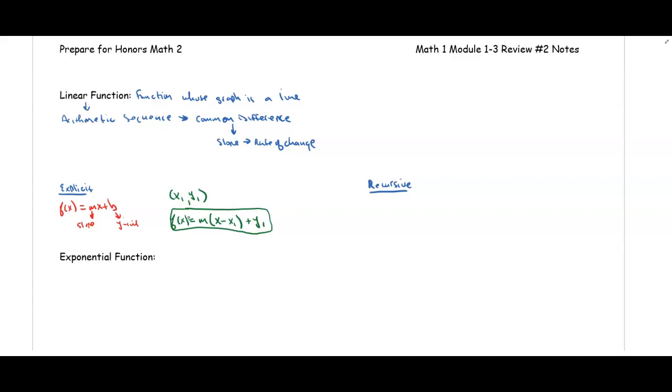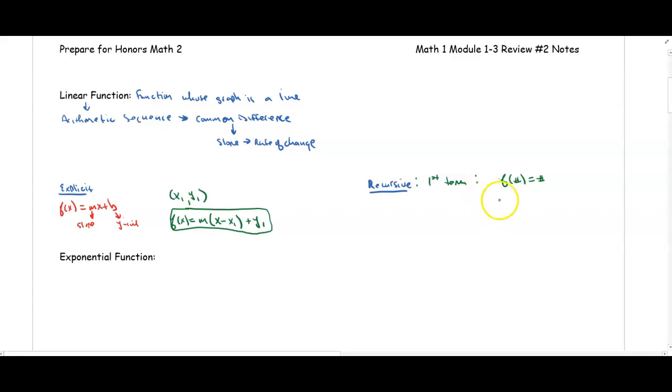Now the recursive. If you remember in a recursive, the first thing is to determine that first term. And with that, we basically say f of the number equals a number. So you're basically just telling us where we're starting this function at. Then, if you remember, the recursive uses that previous term idea.